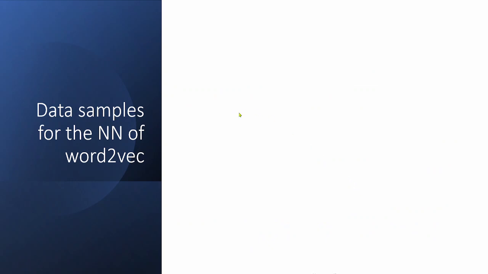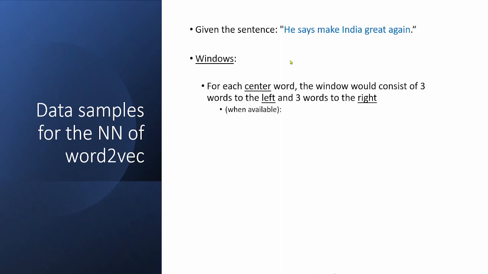For an easier understanding of how we prepare the data samples, let's say we have the sentence "he says make India great again". What are the training pairs? Let's say the window is 3 words on the left and 3 words on the right.